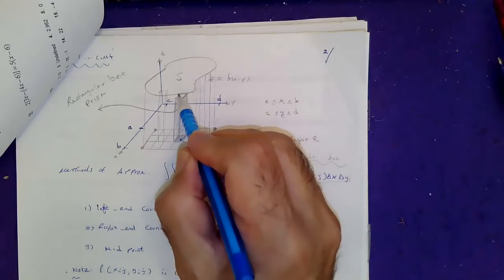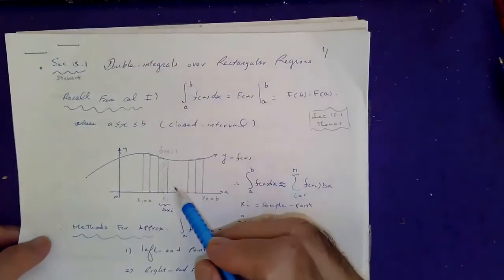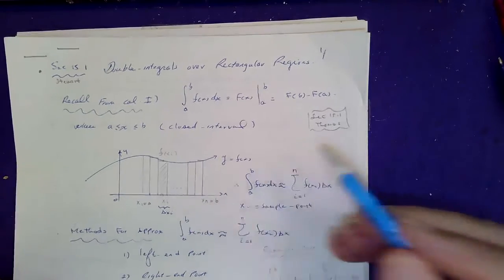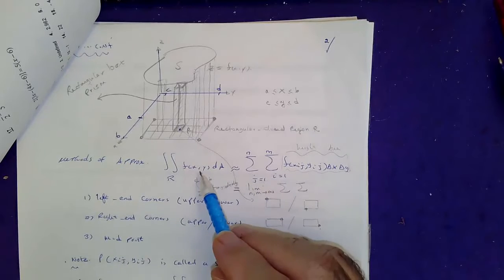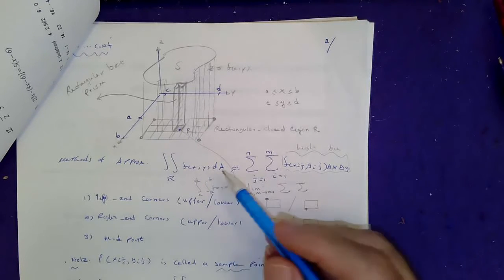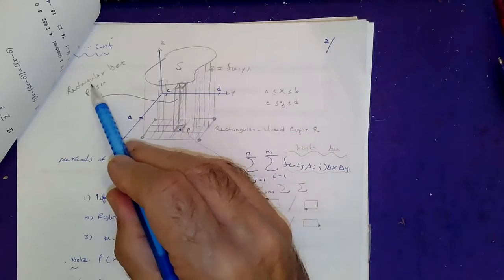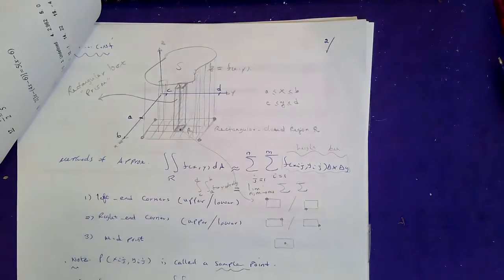So what you're doing is, instead of adding the areas of rectangles as in a single variable function like y equals f of x, for approximating the value of the double integral in terms of x and y, we add the volumes of these so-called rectangular boxes, or some people call them prisms.